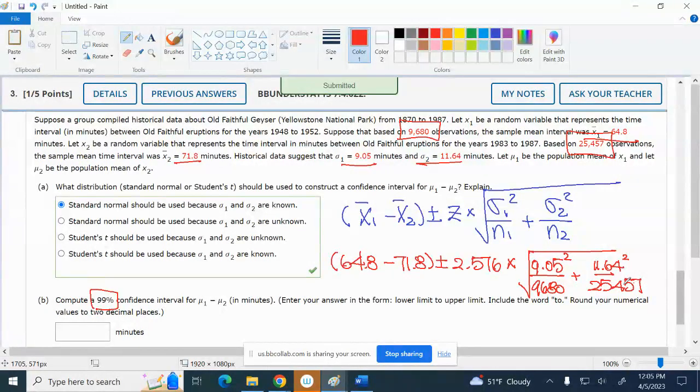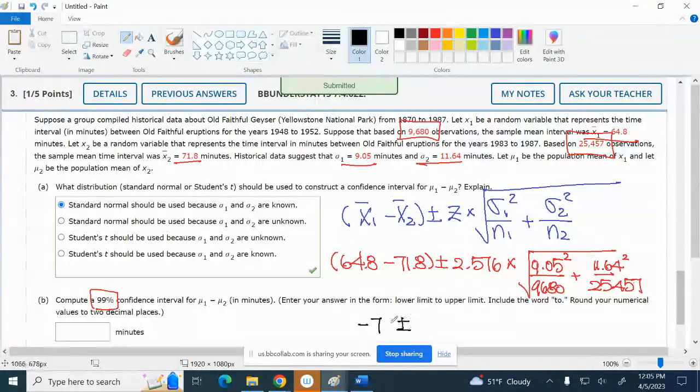We need more practice and more practice because it is a long calculation. You need to practice using your calculators as well, right? So please try to get the answer. Now let me take the mean difference: 64.8 minus 71.8, the mean difference will be -7.